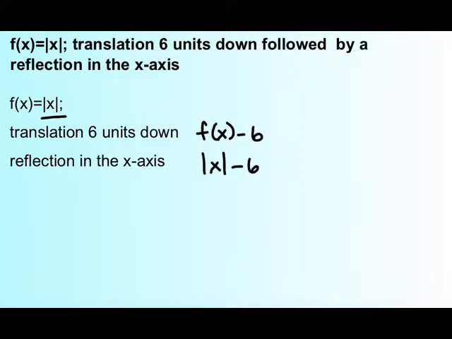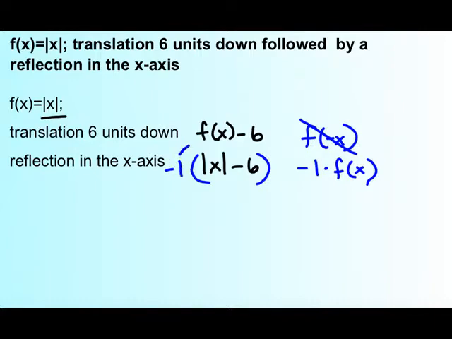Now it says it wants to reflect across the x-axis. Remember, the notation for reflecting across the x-axis is not f of negative x. To reflect across the x-axis, we take -1 times the function of x. So we're going to take this times -1. We distribute.